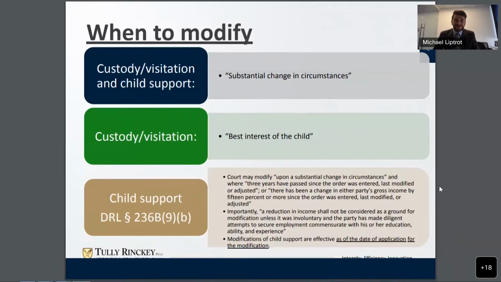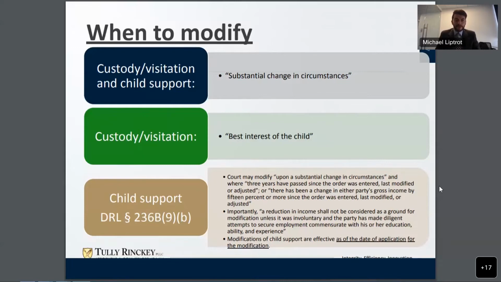If things have changed, for example, you have relocated and now you are closer to where the children live, and you want to increase your visitation if you're the non-custodial parent, you're able to exercise overnights during the week, or you can pick up and drop off the kids from school, so you want more time.